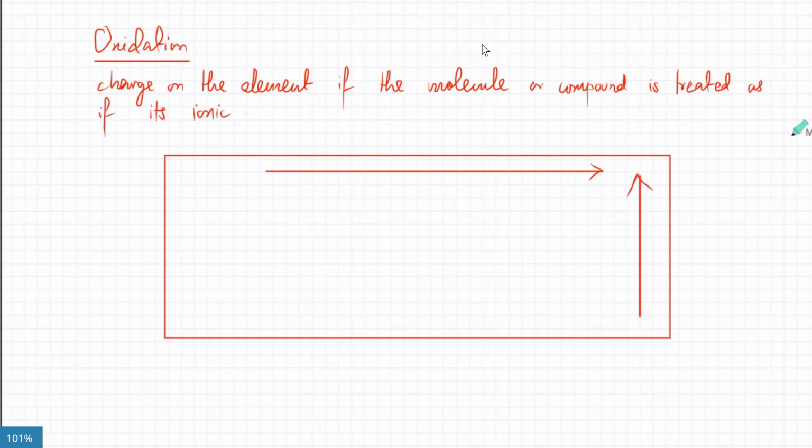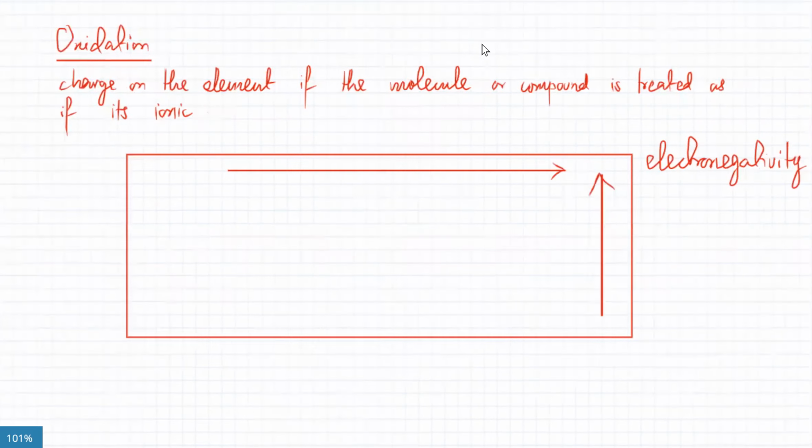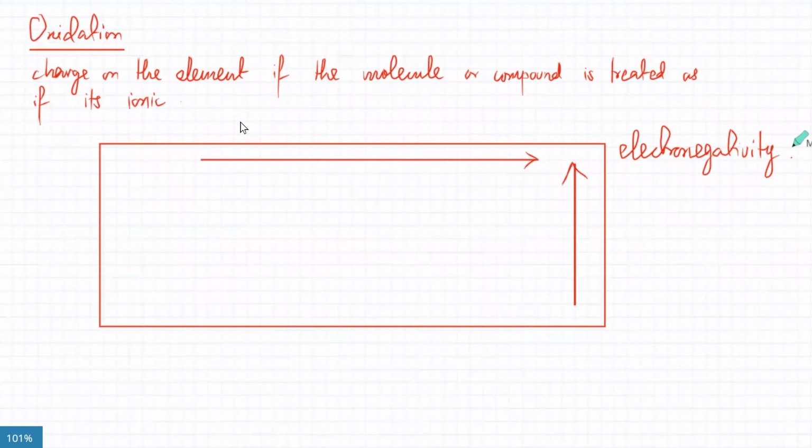There are a number of reasons why electronegativity increases in this corner. As you move away from this corner, the electronegativity starts to decrease. One reason electronegativity increases to the right is that the atom has more protons, so the nucleus is more positive. So obviously there's going to be more attraction for electrons.